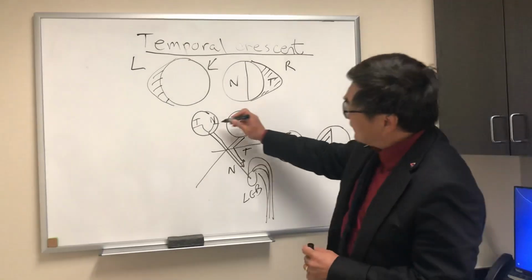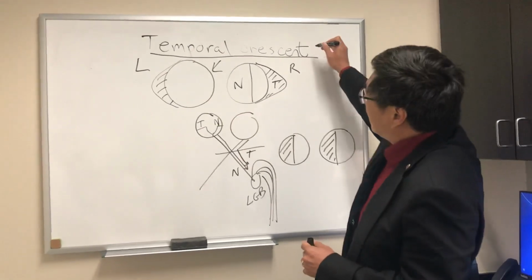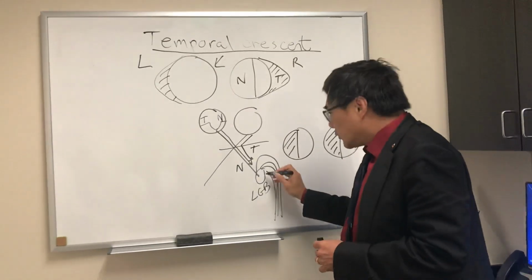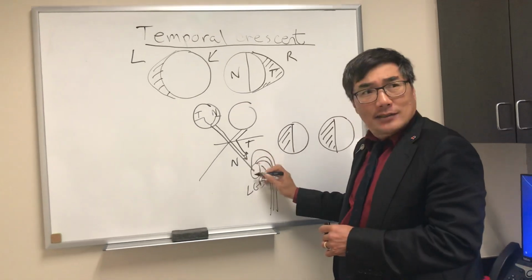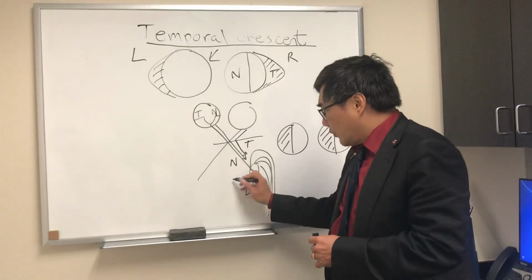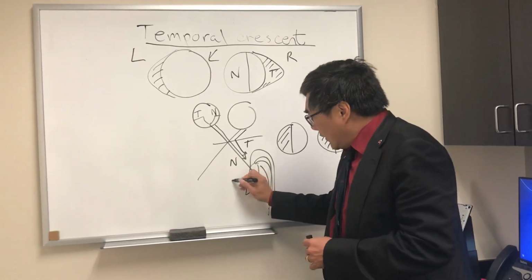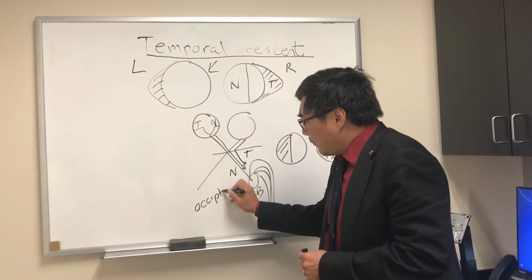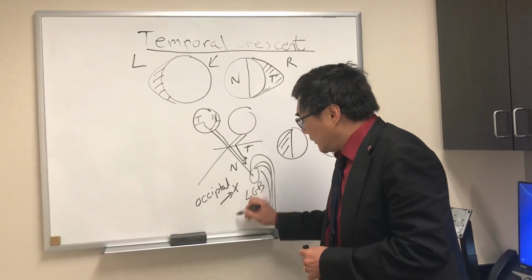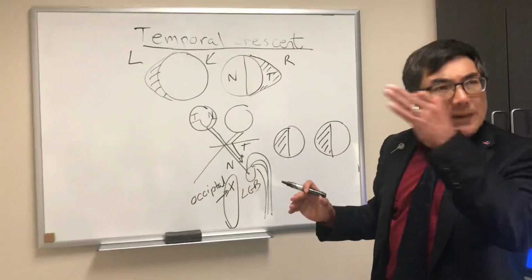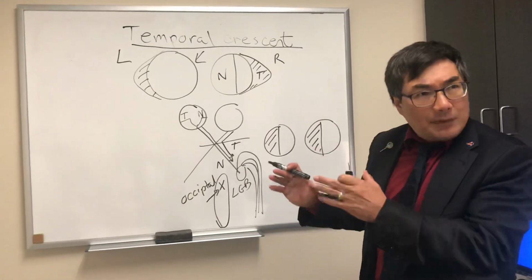However, the nasal fiber that is controlling this temporal crescent also must travel in the optic tract and travel to the radiations and ultimately to the cortex. And when it reaches the cortex, the temporal crescent is located in the most anterior portion of the medial portion of the occipital cortex.